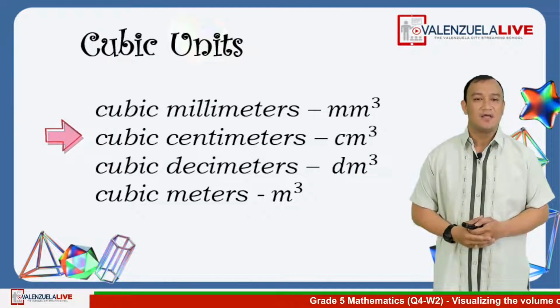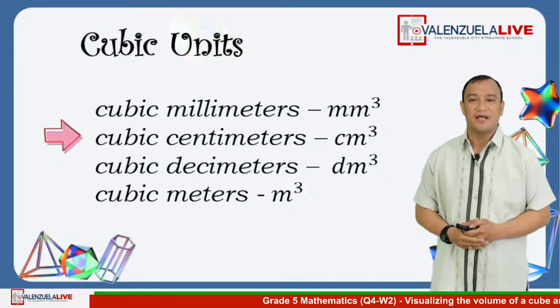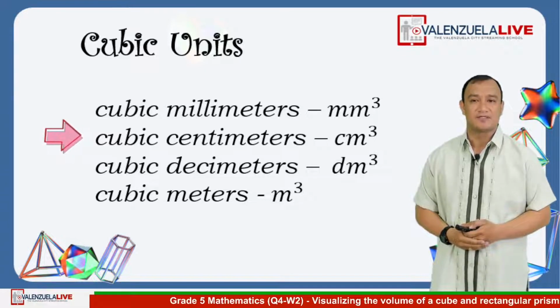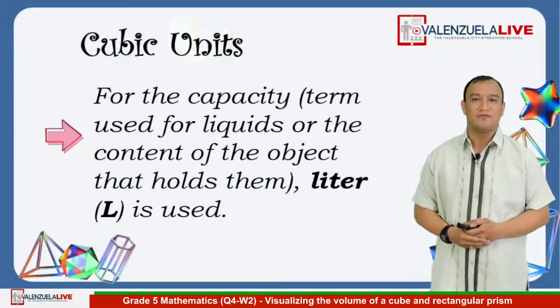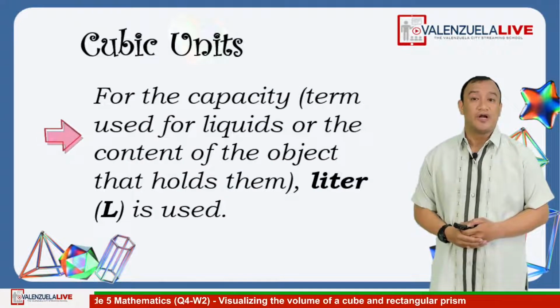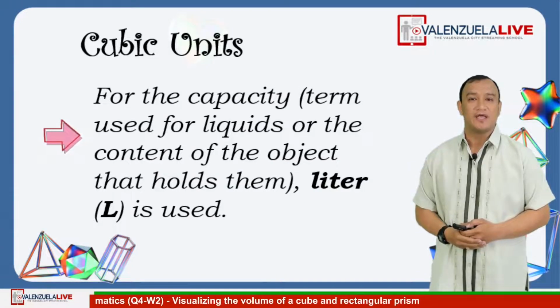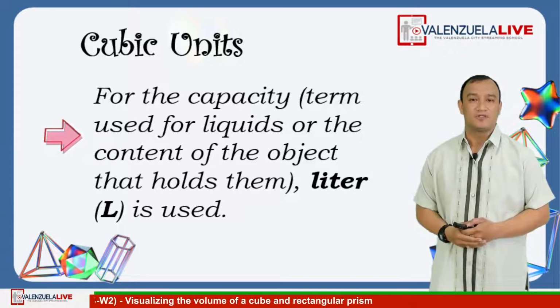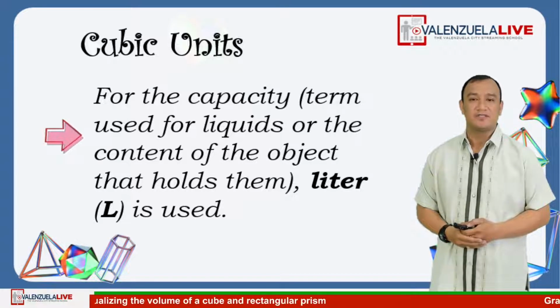As you can see, all units have an exponent 3, which means cubic units. And for the capacity, the term for liquids or the content of the object that holds them, liter is used.